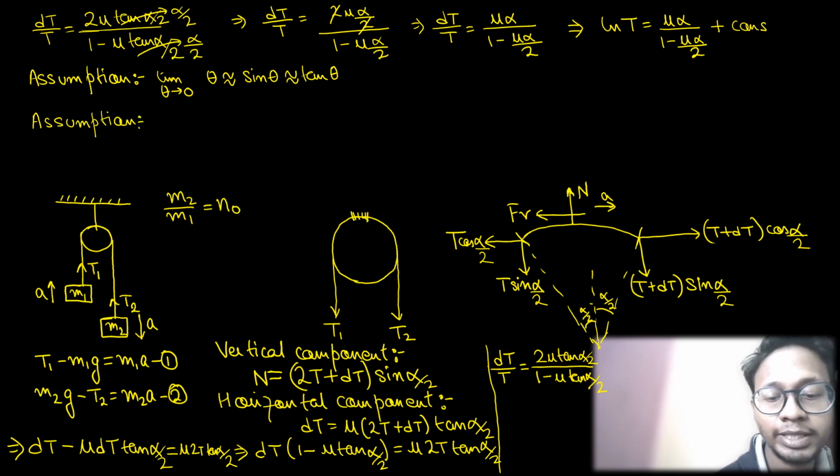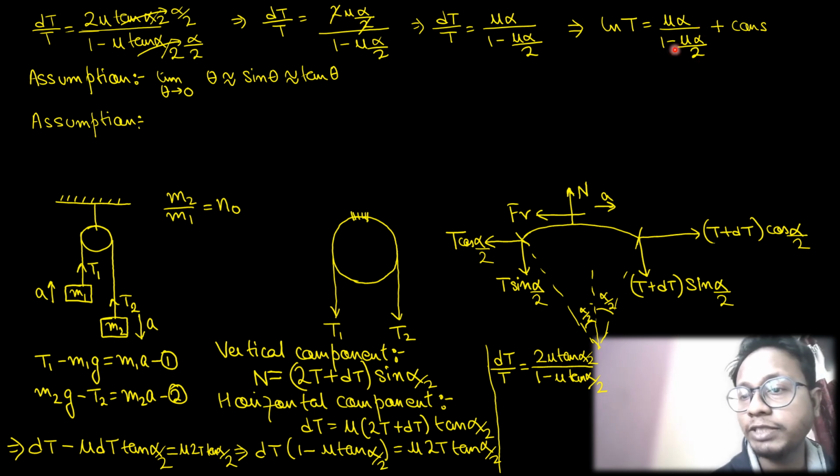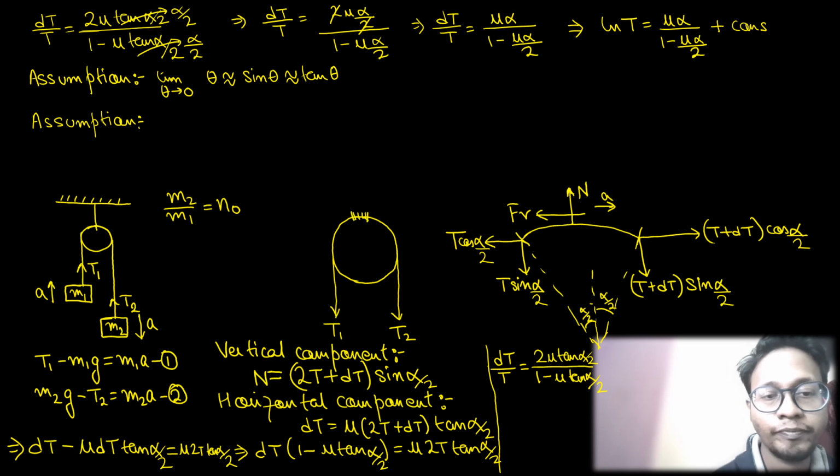Since alpha by 2 is very small, and the coefficient of friction is less than 1, a very small number multiplied by a decimal fraction would be nearly equal to 0. So mu alpha by 2 is nearly equal to 0. So therefore 1 minus mu alpha by 2 is nearly equal to 1.